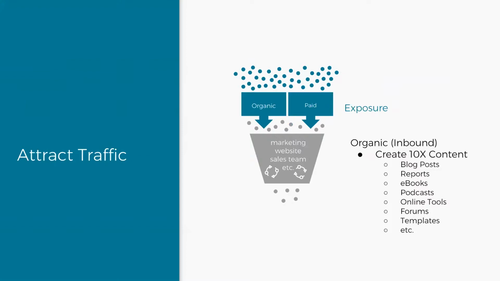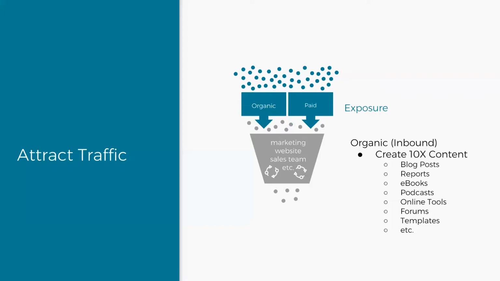In fact, out of the 92% of people that click through in the first top results, 33% of them go to the very first listing on Google. So the higher up you can get in those rankings, the better chance you have of gathering that traffic.